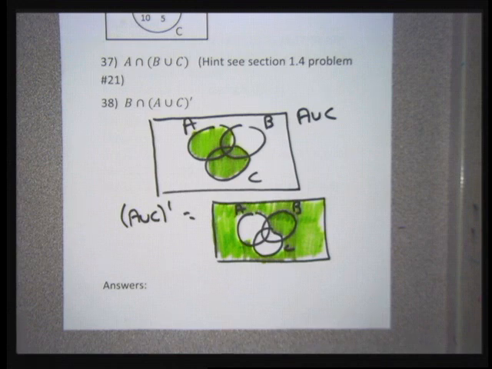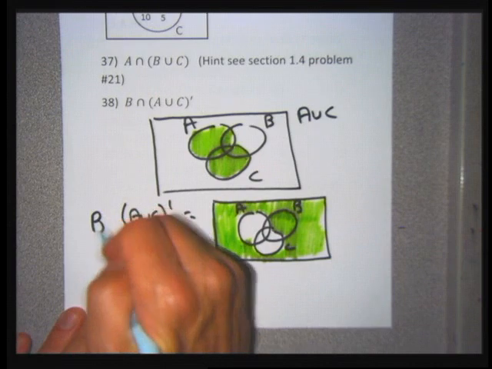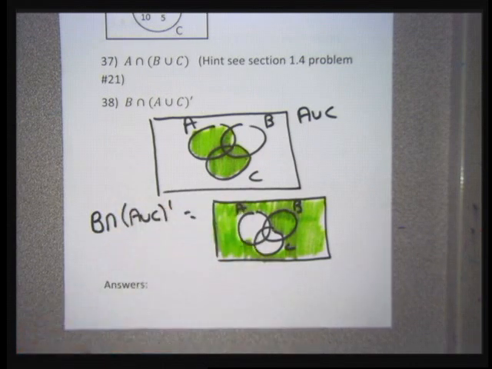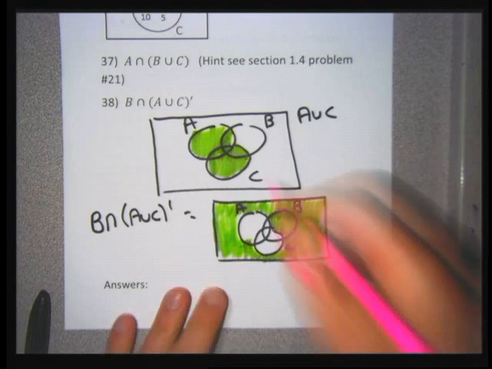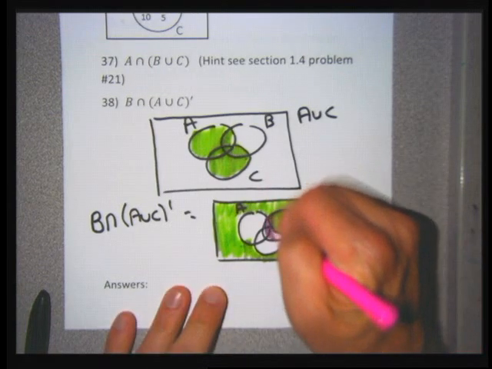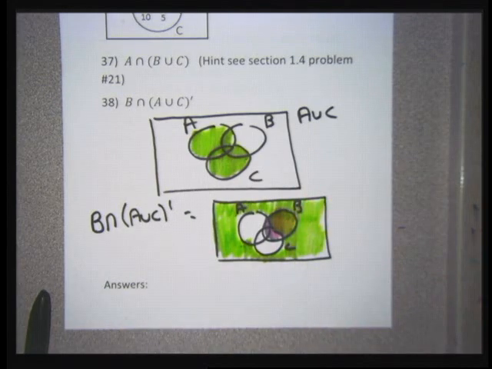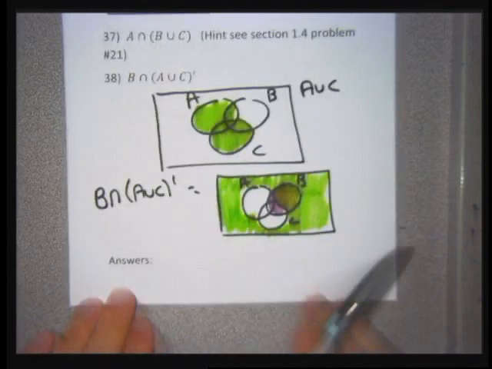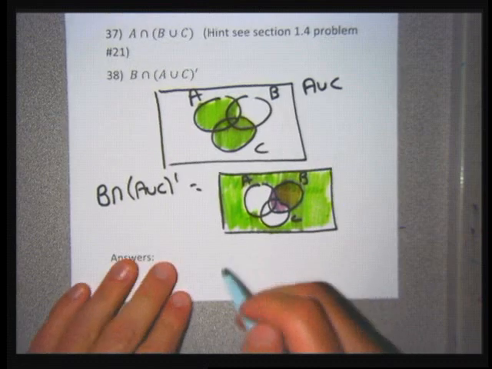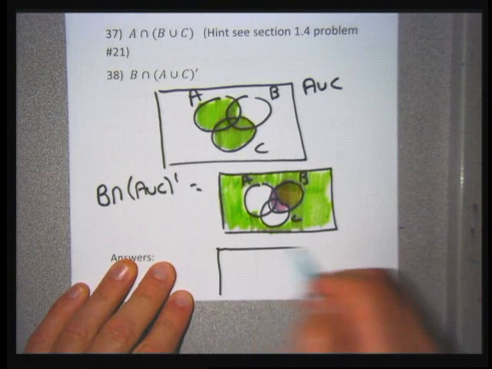Now I'm going to intersect that with B. And how do I intersect? I bring in a new color. I'm going to draw that picture of B on this graph. So B is anything inside the B circle. And intersecting takes me two steps because now I want to write where the colors overlap.